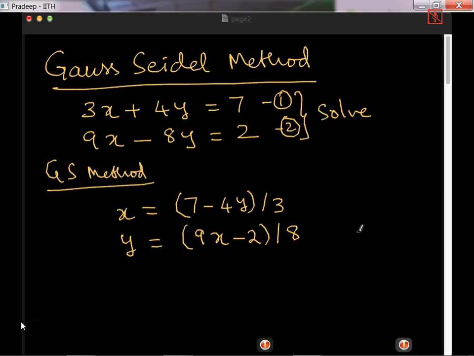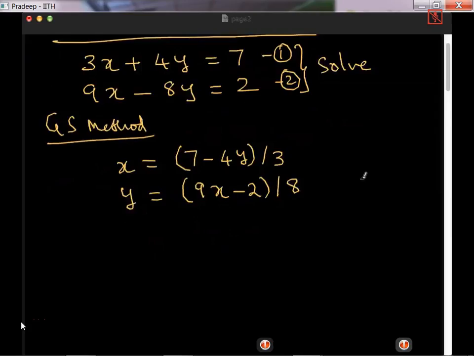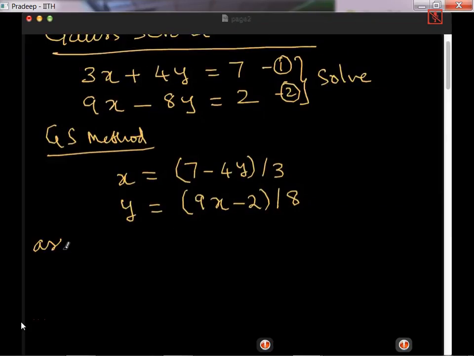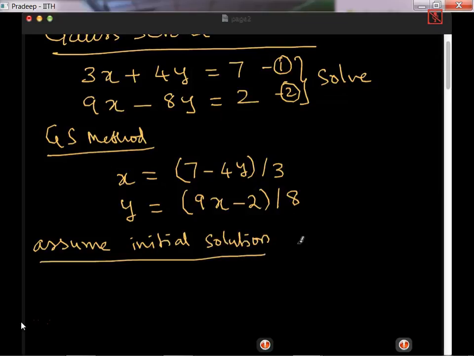Then you start with some initial solution. You can assume any solution, x0, y0. Any random number you can take, let's say 1, 2. This 1, 2 may not be the answer.